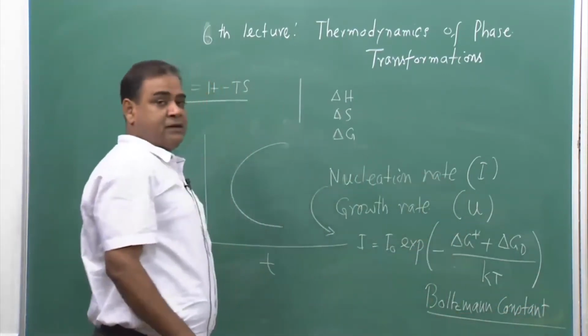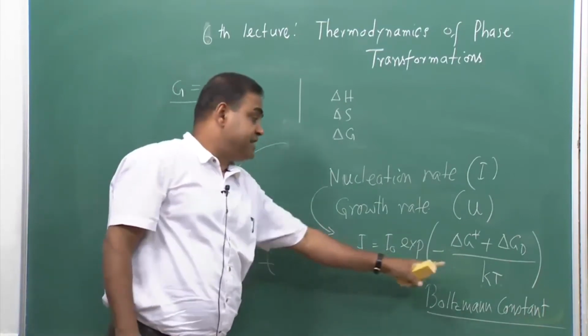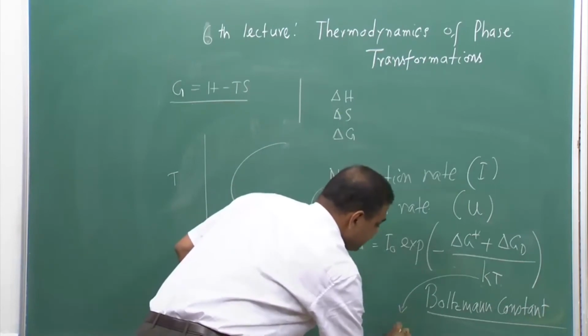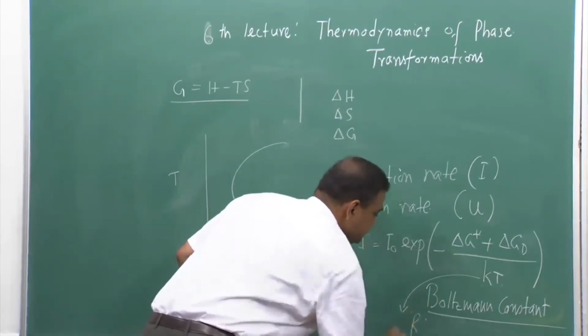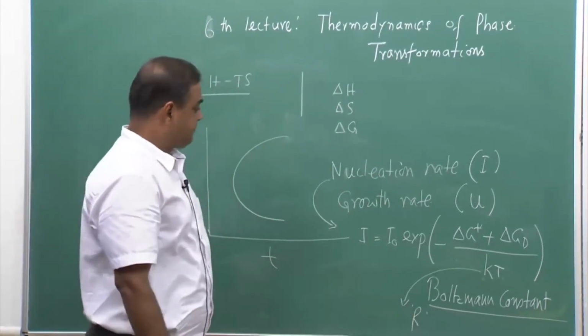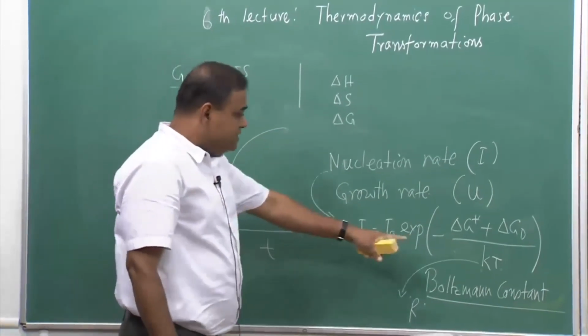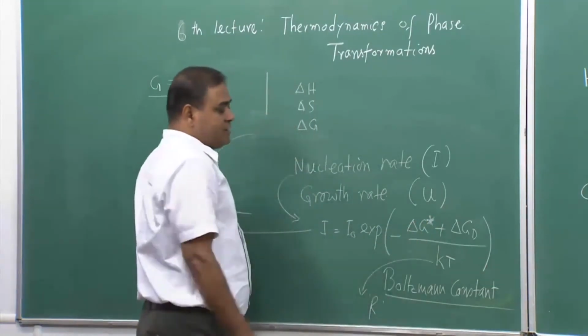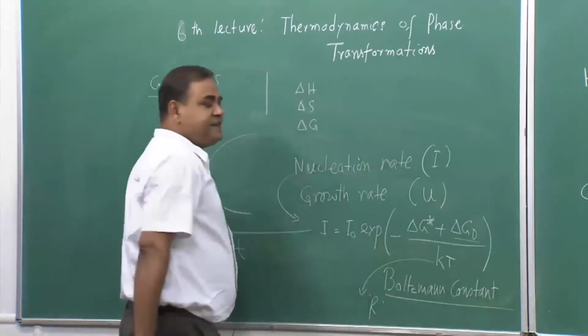Boltzmann constant. If it is per atom, then k. If it is per mole, then this particular Boltzmann constant would go to the universal gas constant, which is R. Now, in this we are seeing that there is a term called ΔG* and a term called ΔG_D.